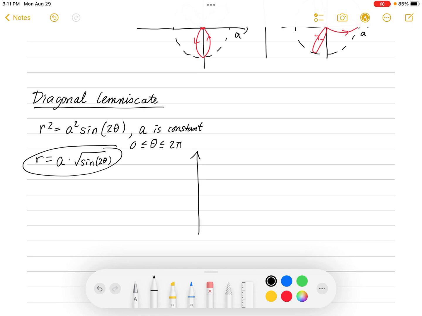So I'll make a horizontal and a vertical axis. We'll start with a circle of radius a here, and we're going to inscribe into that sort of an infinity symbol. So this actually starts at the origin, and you get a big loop in the upper right.